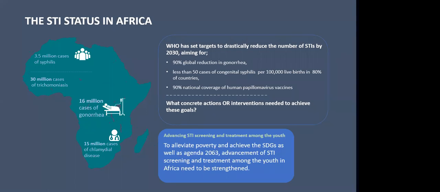It is also important for us to evaluate, treat, and offer counseling to the sexual partners of the people that are infected with the STI, because when you look at STIs, we always talk about the 4 Cs, and we also need to know the risk factors that are making our youths acquire STIs. For example, when we are looking at primary prevention, because in STIs we have to look at primary and also secondary prevention. In primary prevention, we are looking at issues of abstinence.